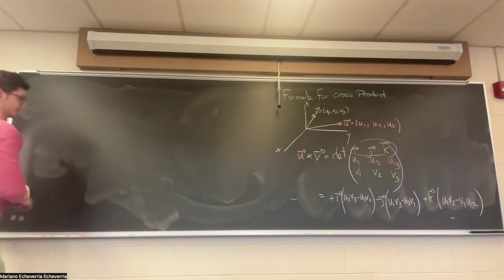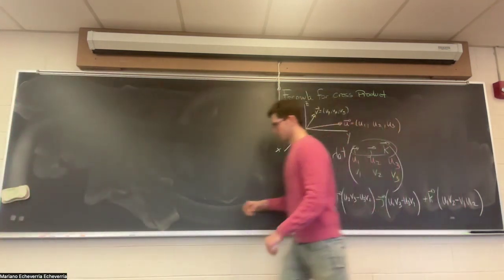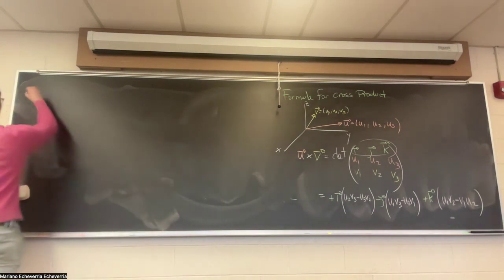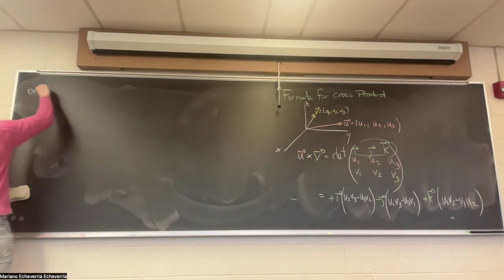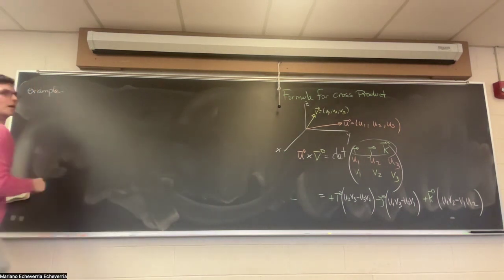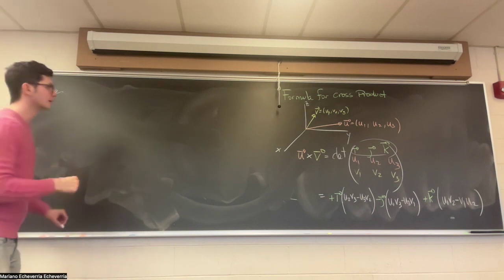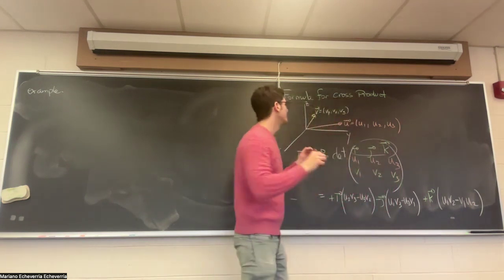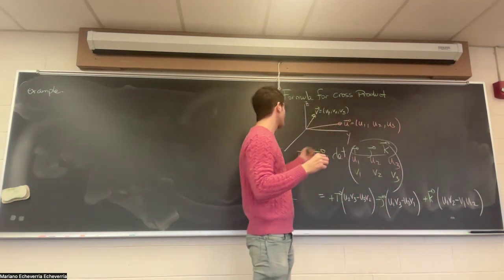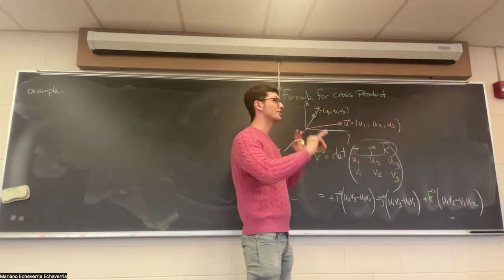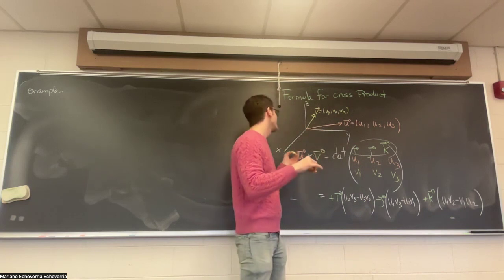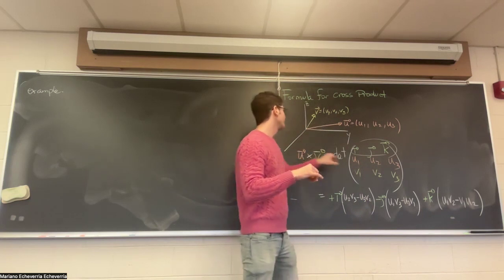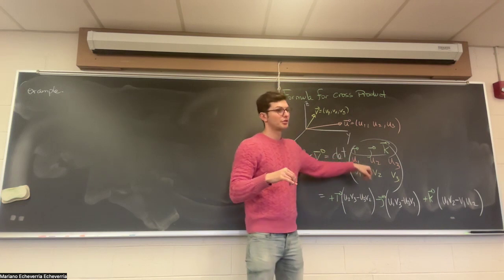So let me give you an example, just to make things more concrete. Oh, by the way, implicit in the list, it shows you in some indirect way that the order matters, in the sense that this one goes into the second row and the other one goes into the third row.